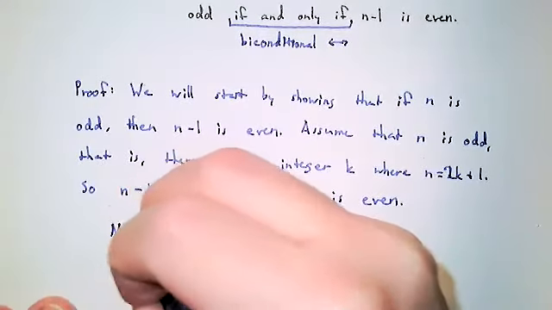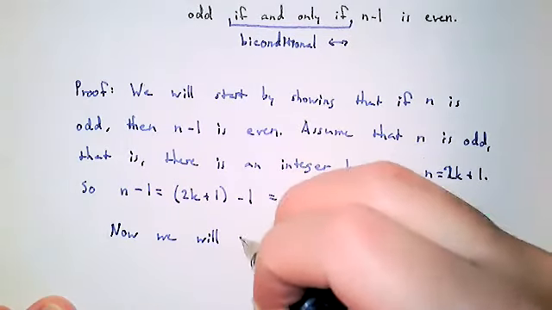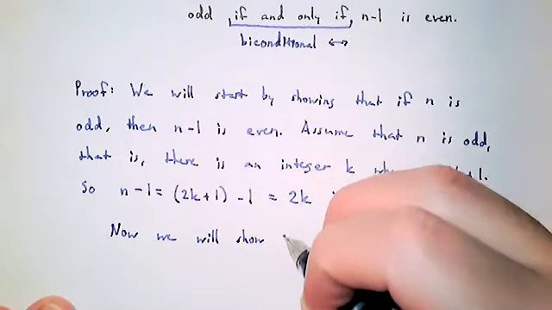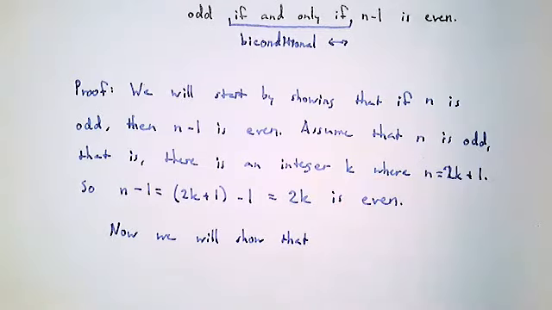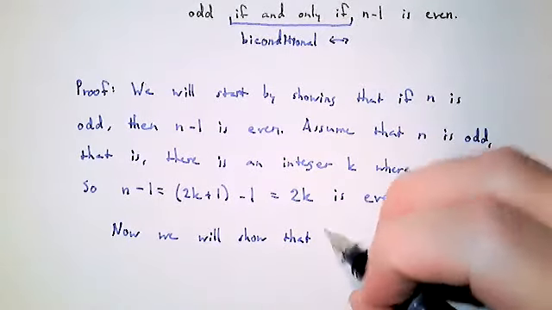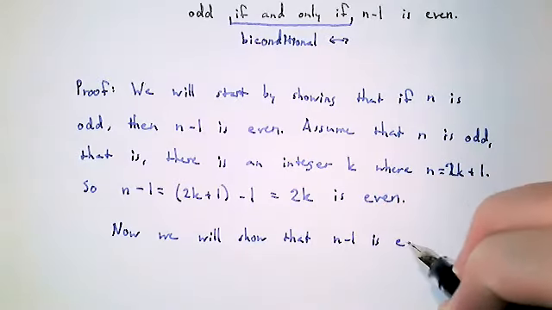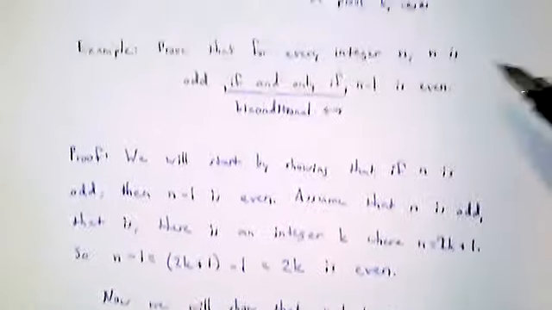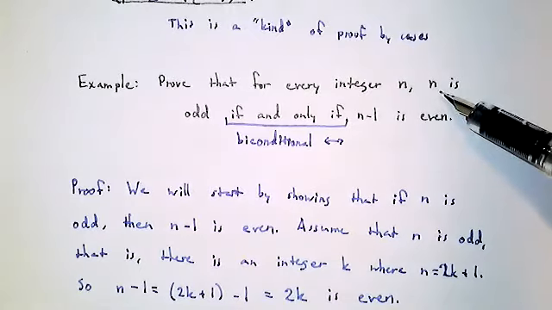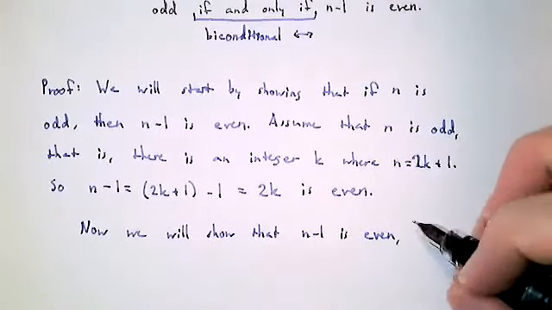So let your reader know what you're doing. So we're going to show that if the right side, n minus 1, is even, then the left side, n is odd.